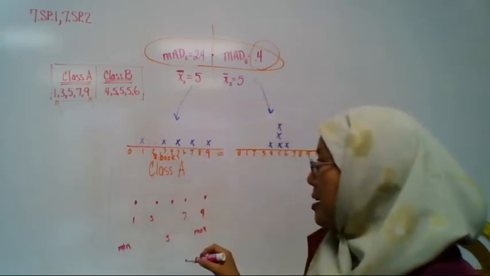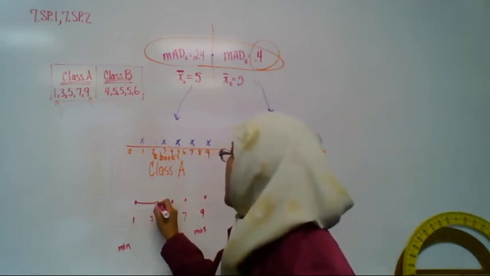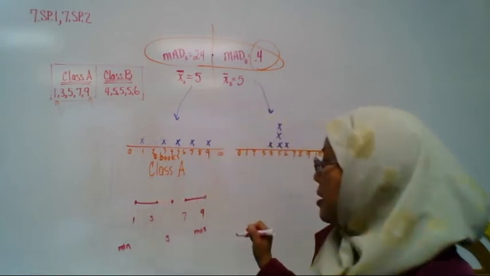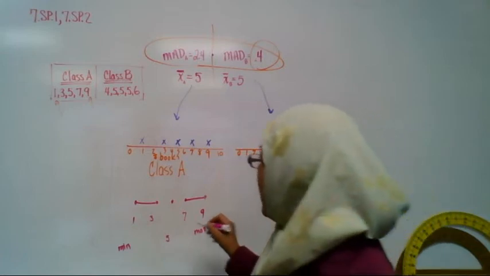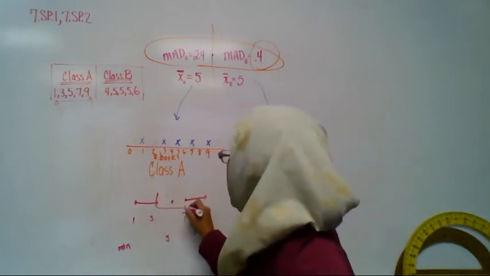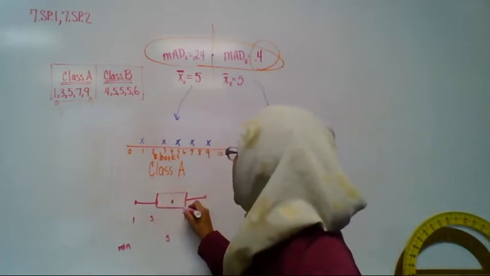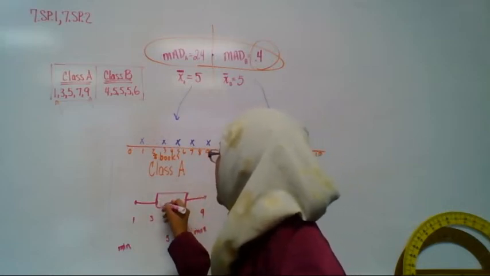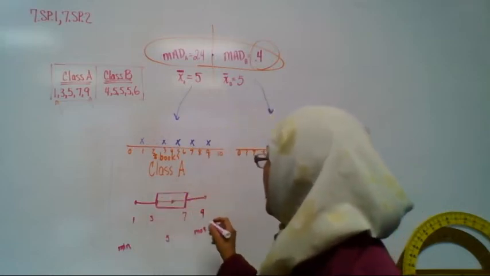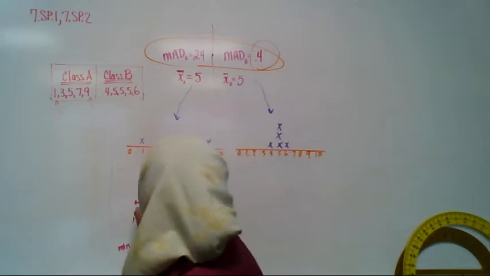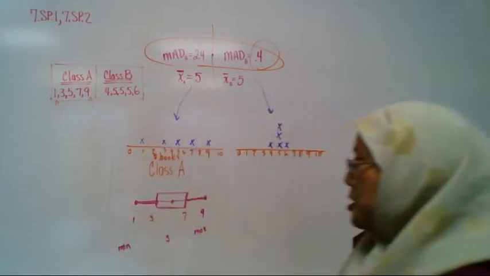And that becomes your whisker. Okay, those are your whiskers. And here's your box. I know it doesn't look very straight. Okay. Oh, very unstraight, sorry. I'm at an angle here.